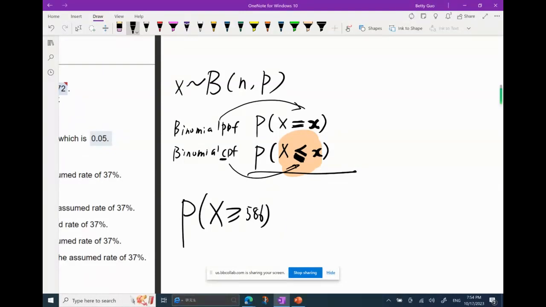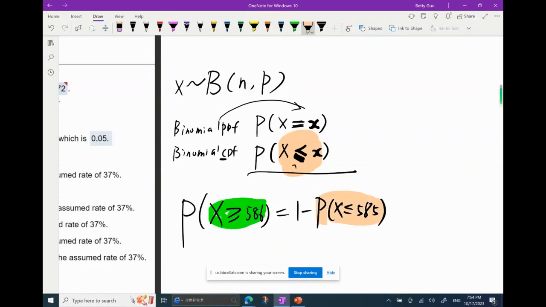So we have to bridge, find a path. Those two are very close, so you have to find a complement, because the complement is going to be at the most. You see what I'm talking about? This is the green, this is the orange.